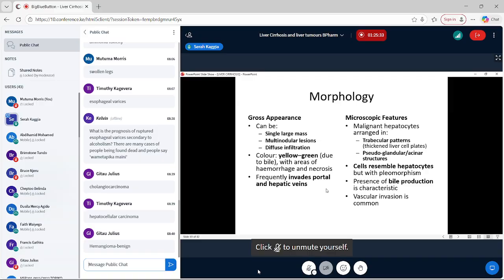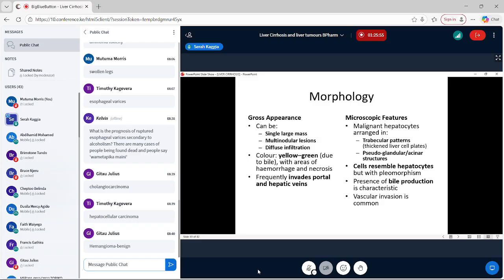So how do we see a liver which is having hepatocellular carcinoma? With the naked eye, you'll see a single mass, or multinodular lesions, or just diffuse infiltration. There are different ways that it can occur.